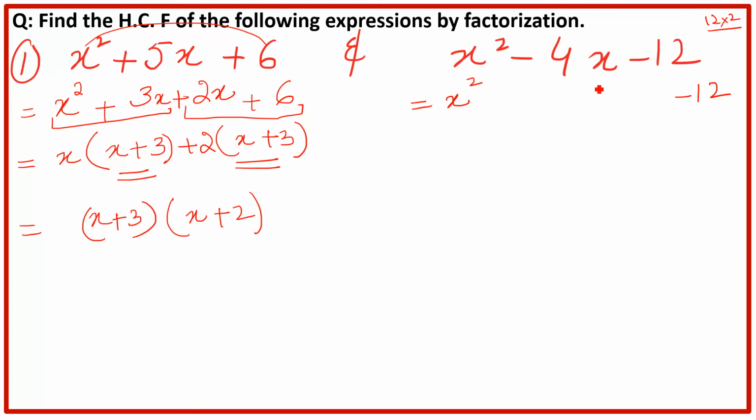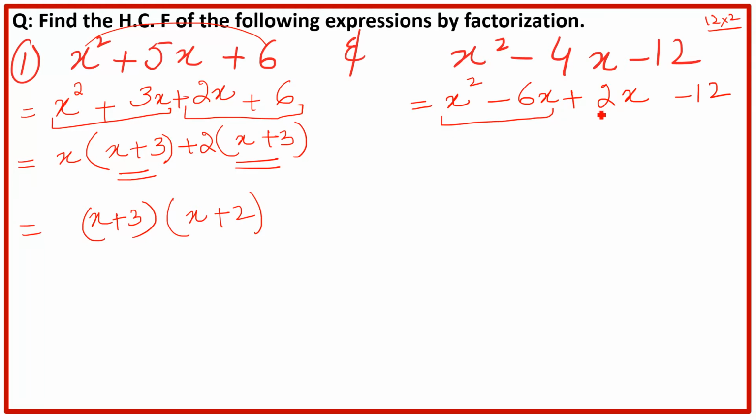But when we multiply those two terms, it should be equal to 12x square. So it will be minus 6x plus 2x. So see, negative 6x, positive 2x, which is equal to minus 4x. But when we multiply 6 times 2, it is 12x square.